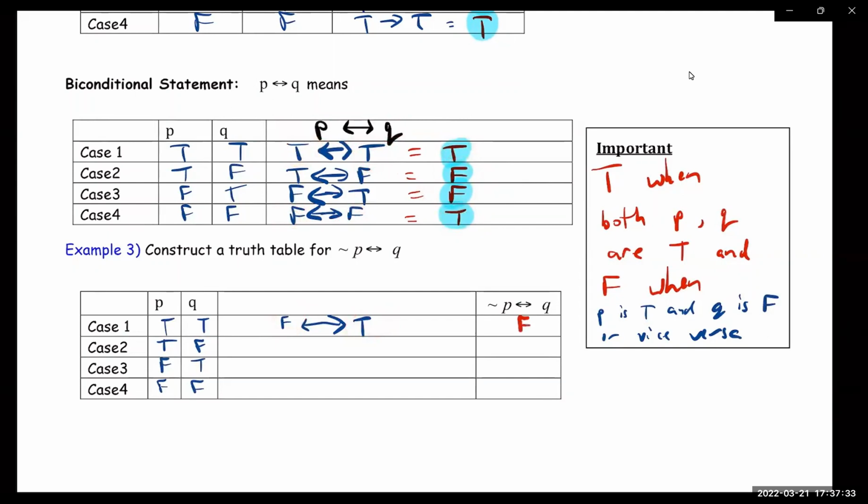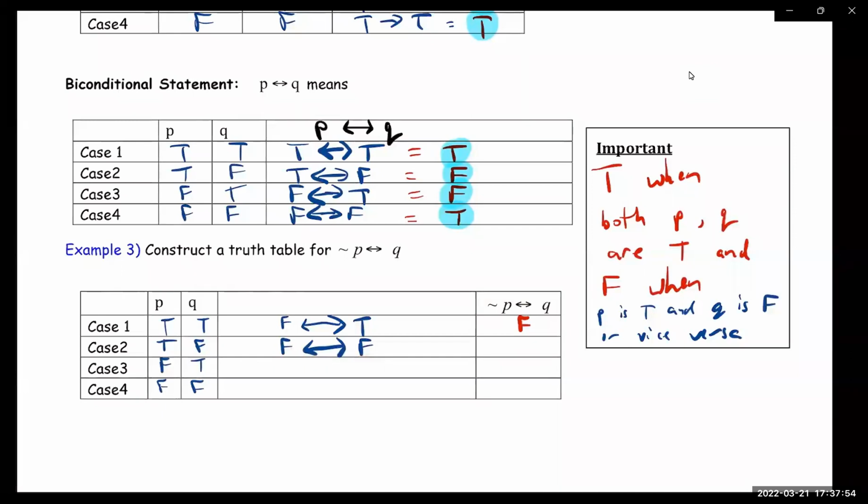False, okay. This one, let's see, negate P. If you negate true, you get false. Double-sided arrow. And then Q, that's just false again. So anybody remember what happens if they're both the same? It's true.